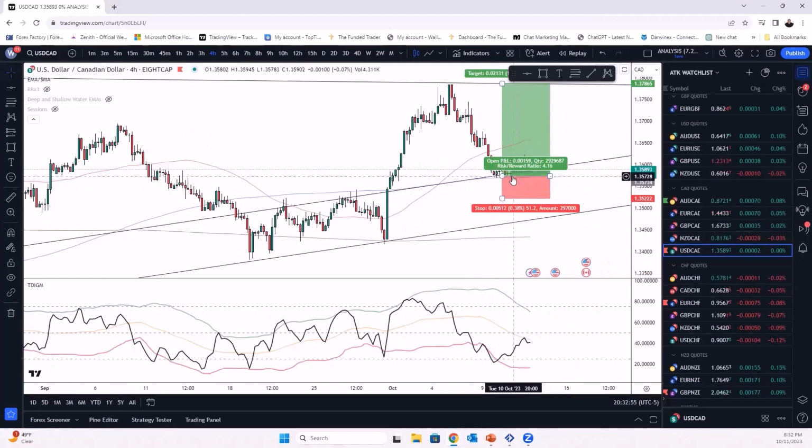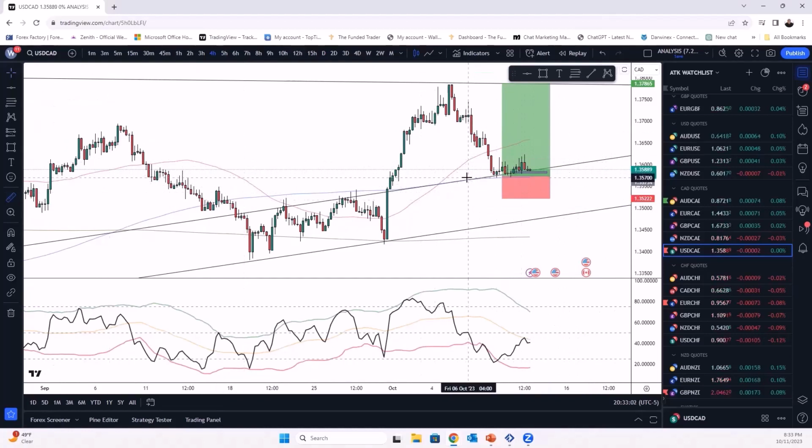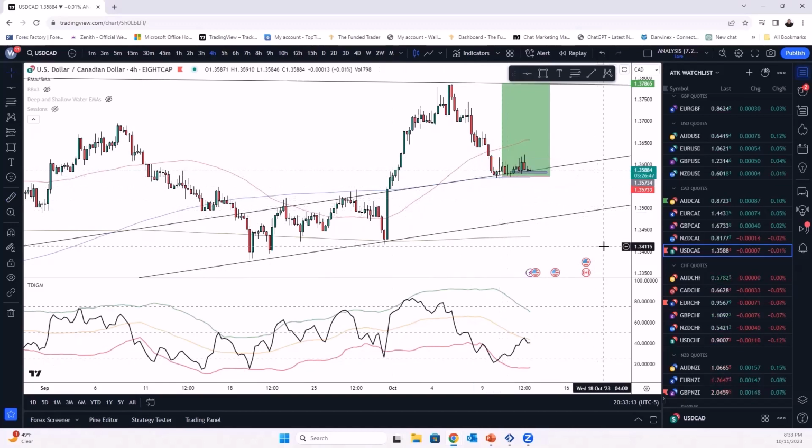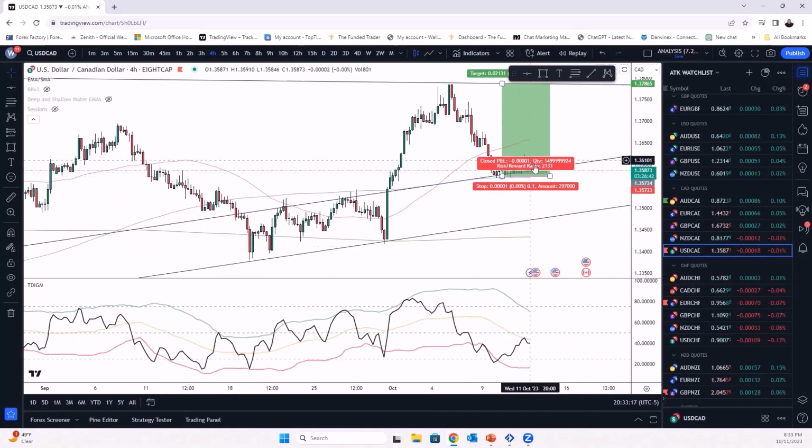And right when we entered, price shot up and moved 43 pips into profit. So that allows us to immediately move our stop loss to break even. So it's a risk-free trade now. And so now it'll dance around all this way, but then it'll start heading up in our direction. Now, if it comes up against us, we break even.